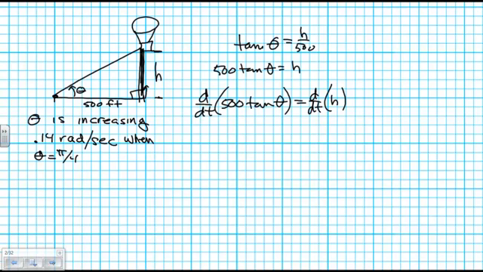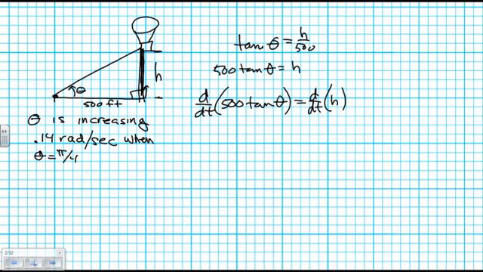Wait, is theta a function of time? As time passes, does theta change? Is h a function of time? As time passes, does h change? Yeah, I think we can imply that both of those statements are true, so that implicit differentiation comes back into play again.